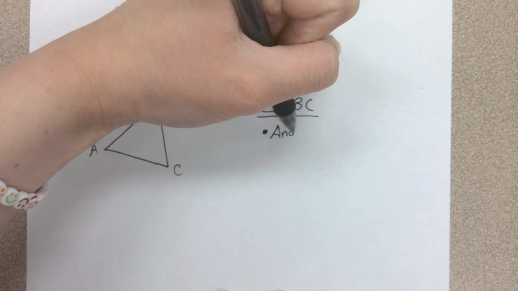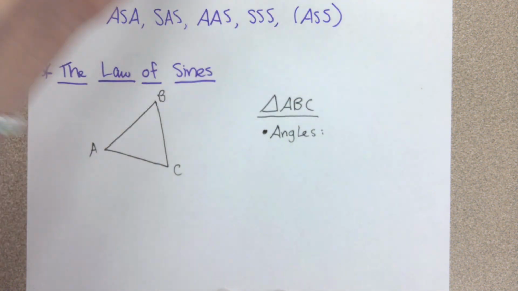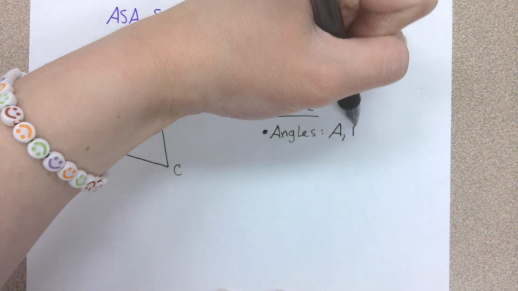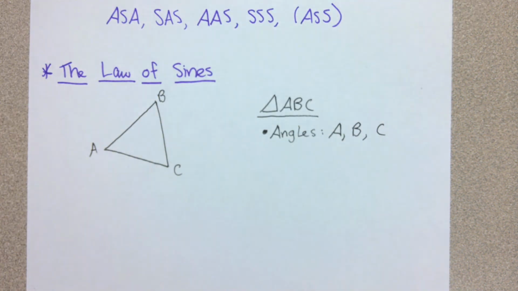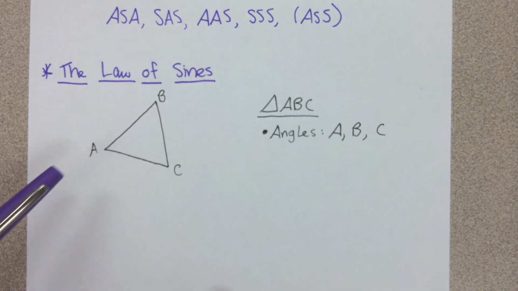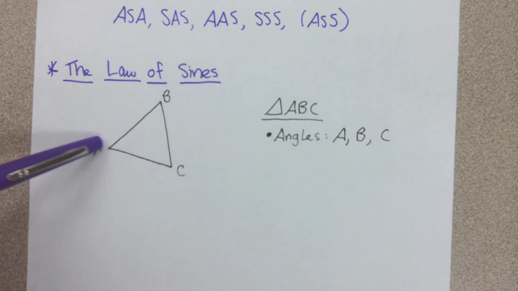Its angles are capital A, capital B, capital C. Make sure you capitalize because I'm about to use lowercase in a moment. The sides across from each angle, we can describe them with 2 letters. That's how you were taught to do it back in geometry, side AB, BC, CA.